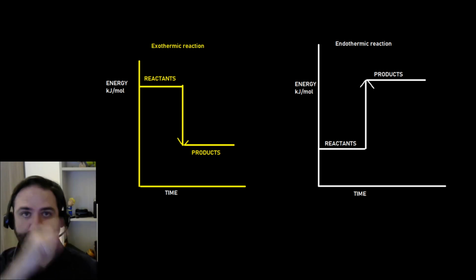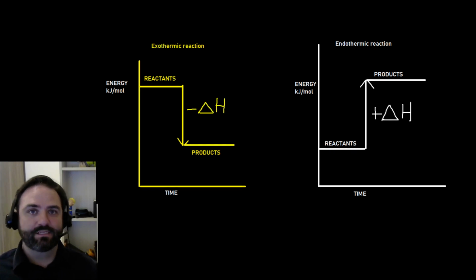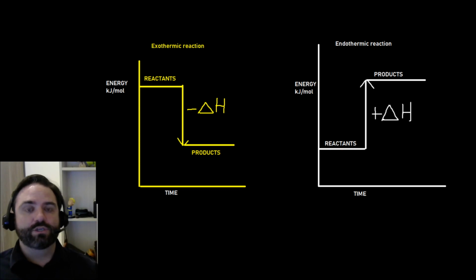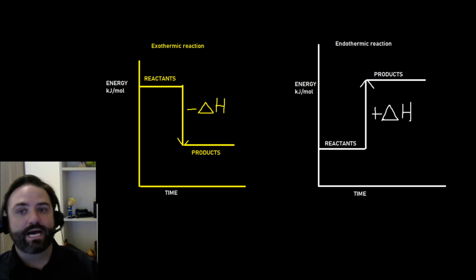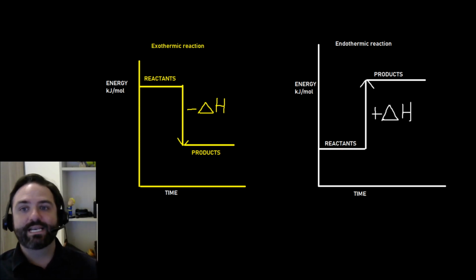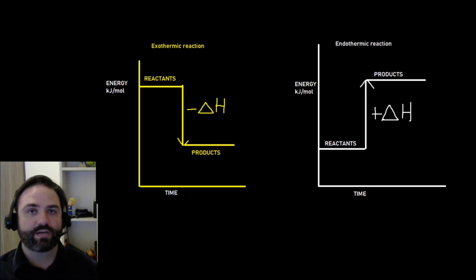The difference between the energy in the products and the reactants is the overall energy change for the reaction, and that is given the symbol delta H. Delta is a Greek letter which looks like a triangle. So it's triangle H and it's pronounced as delta H. Because the overall energy change goes down when you do an exothermic reaction, delta H is negative for exothermic reactions.